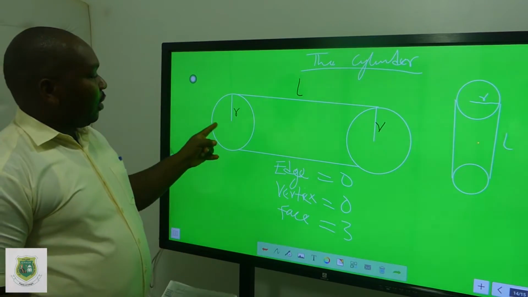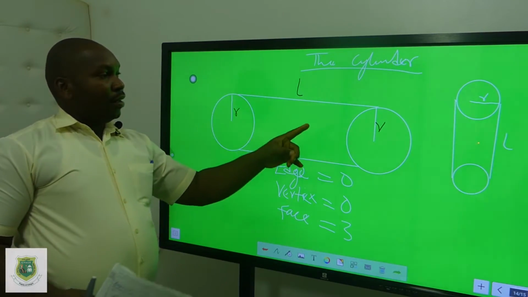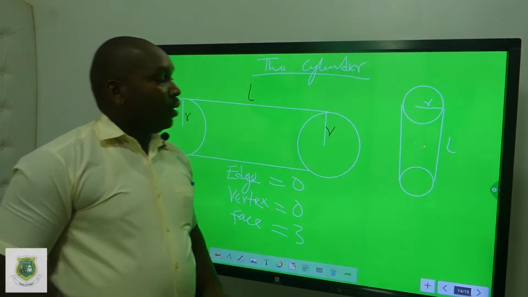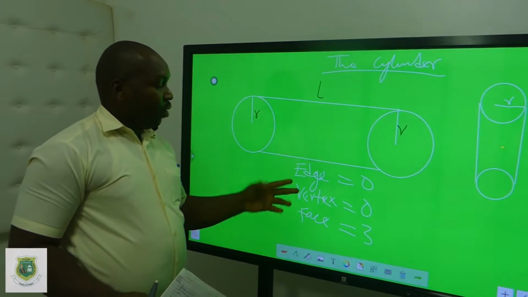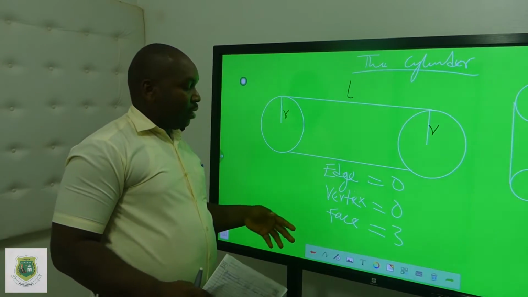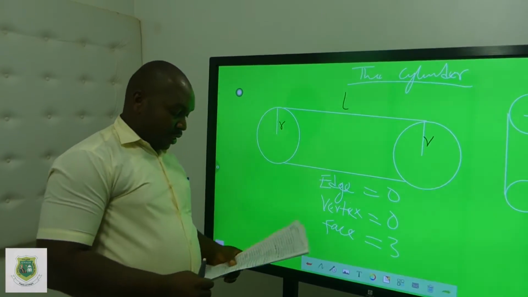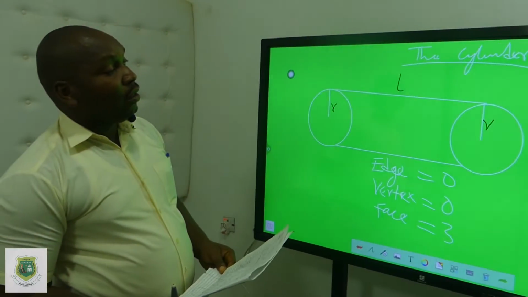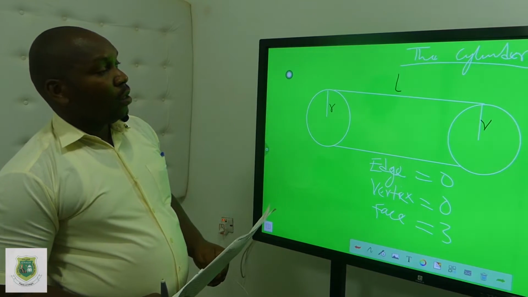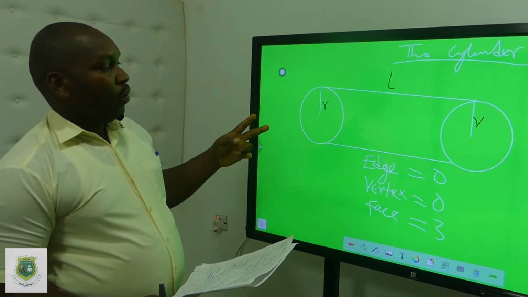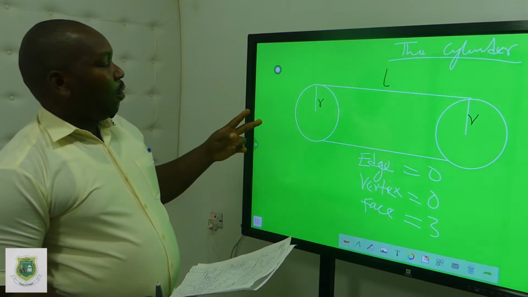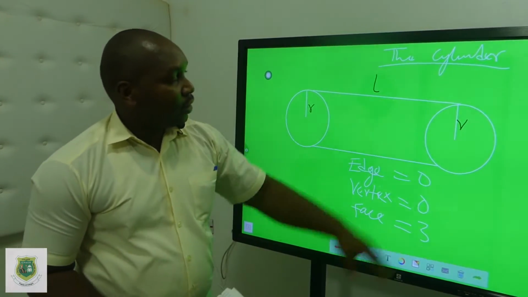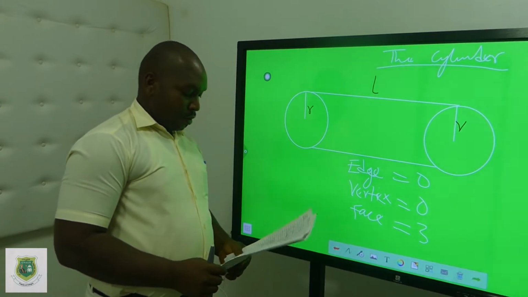So they have no edge, no vertex, but the number of faces is 3. So the cylinder is formed with how many plane shapes? 2. That is the circle and the rectangle, but we have 2 circles and 1 rectangle.